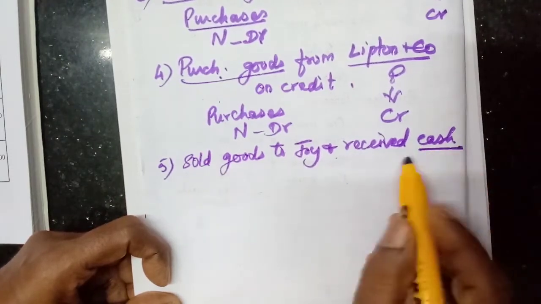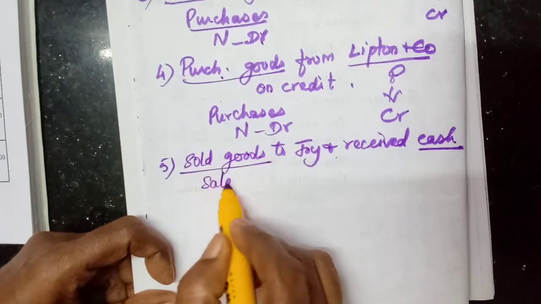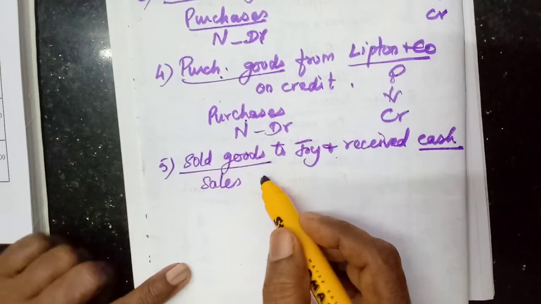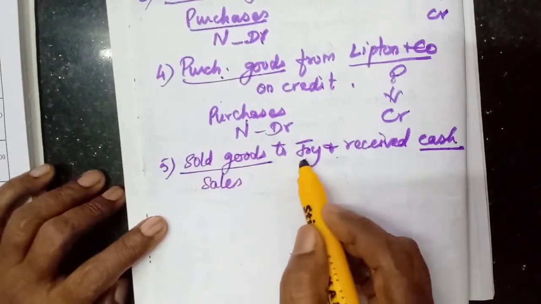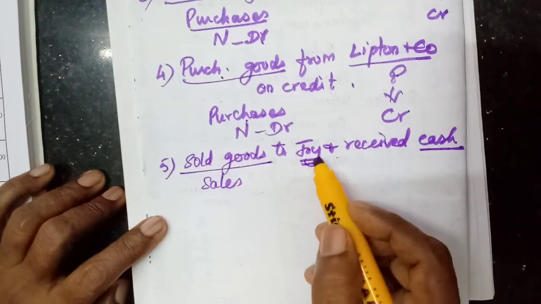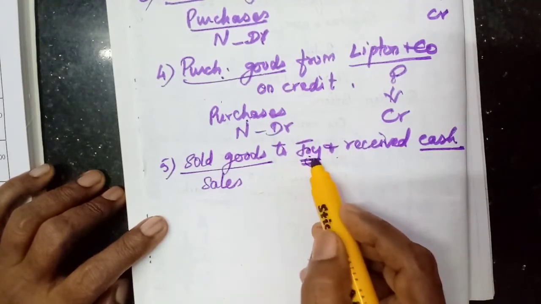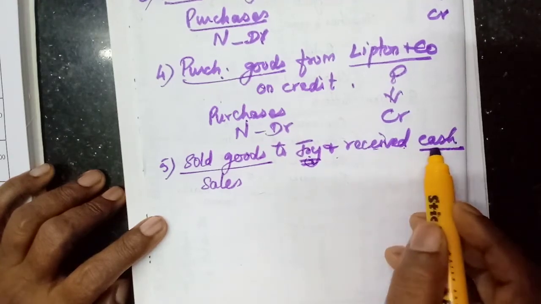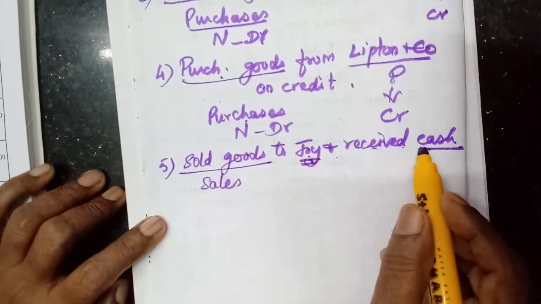So cash transaction. Then sold goods means what? Sales. Purchased goods means purchases. Sold goods means sales. There you should not write sale, sold goods. Okay. Here why they have given this Joy? Just to confuse you. If it is on credit only, we need to take this person. Okay. Received cash. So it is cash transaction. Cash will be coming there. So only 2 accounts.